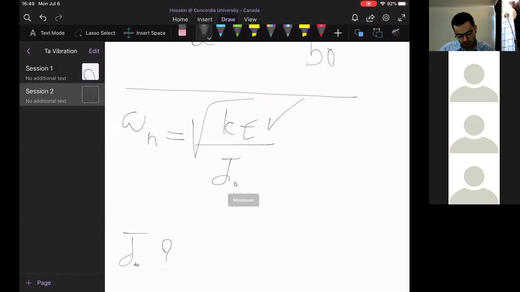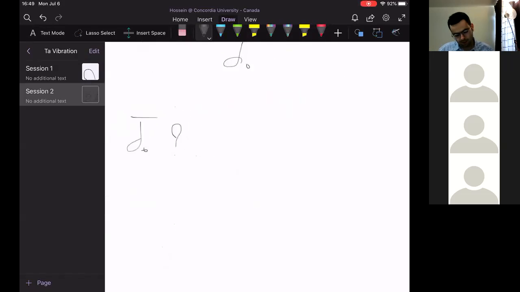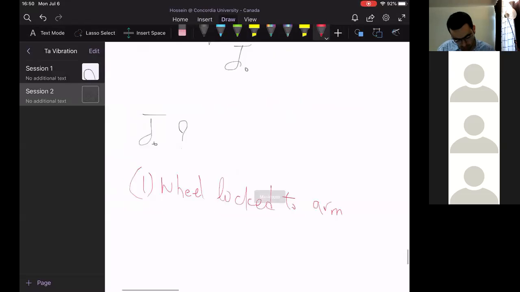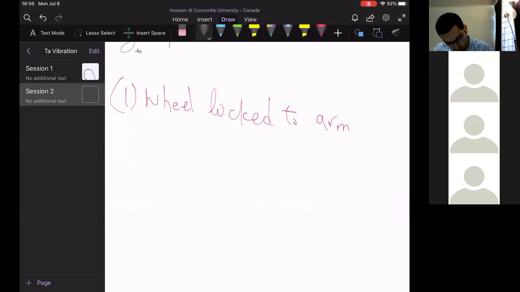So let's focus on the first case, when the wheel is locked to the arm. I need your attention here, please take a look at here.